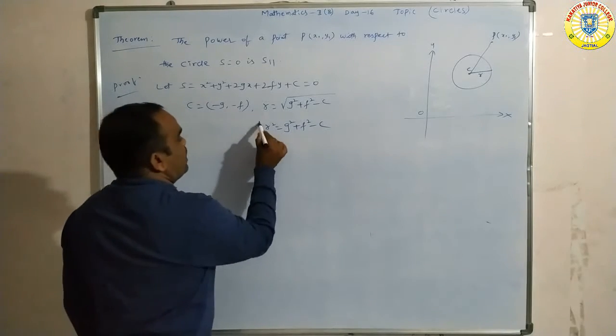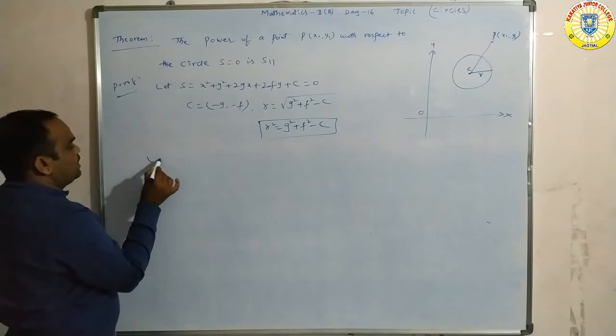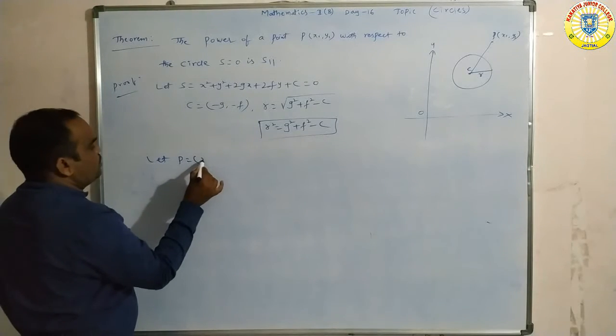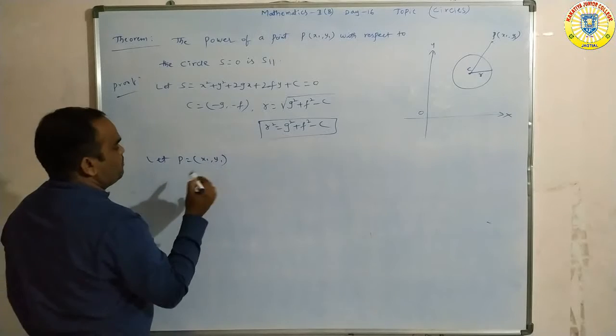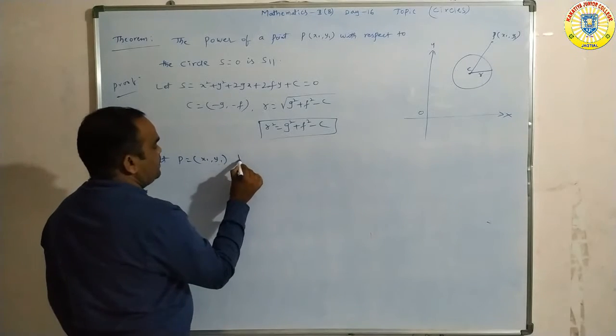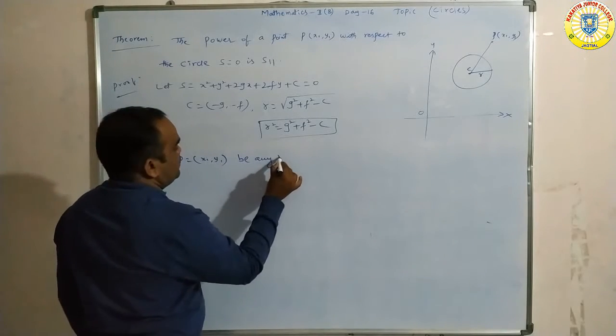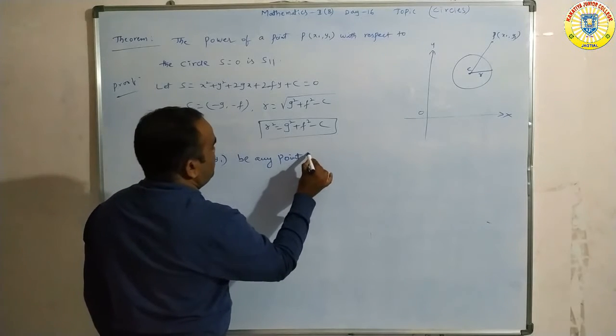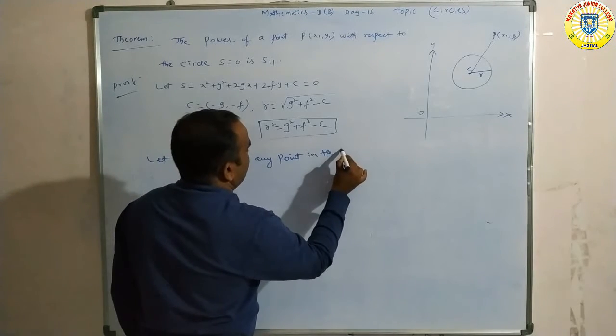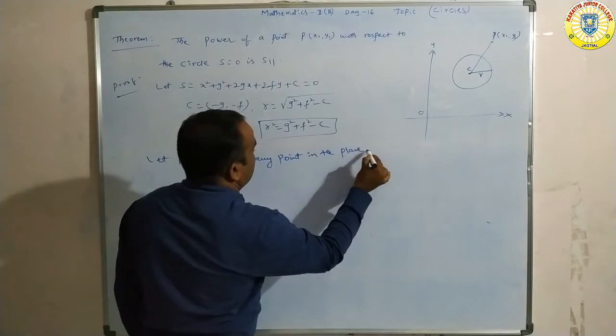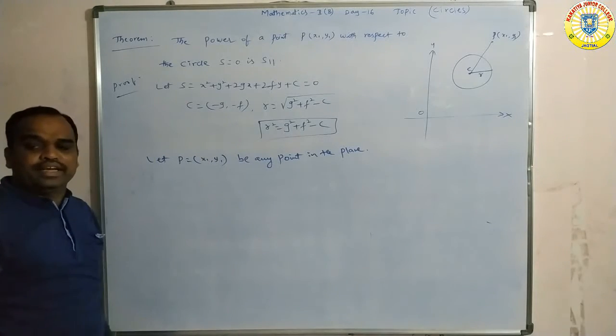Let P is equal to x1 comma y1 be any point in the plane.